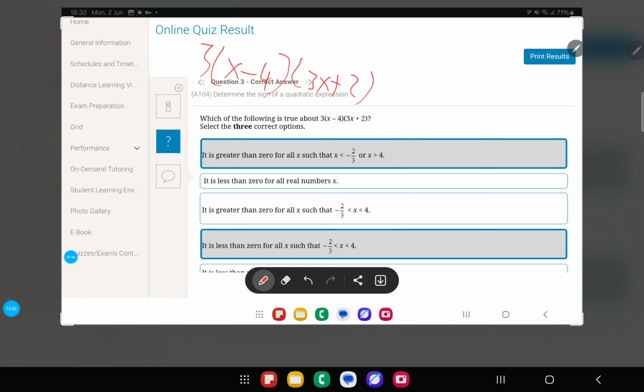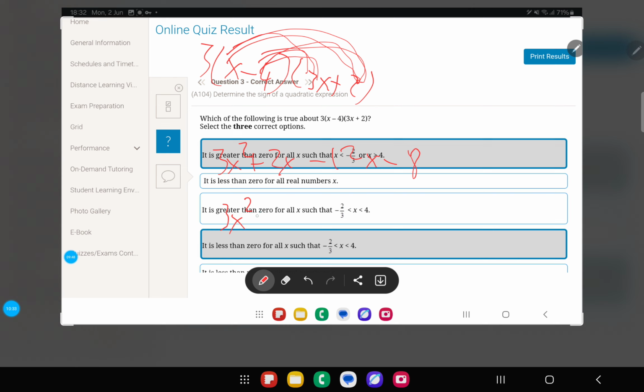You're going to multiply x times 3x, so you're going to have 3x squared, plus x times 2 is 2x. Minus, now we're going to move to negative 4. Negative 4 times 3x is going to be negative 12x. Now negative 4 times 2 is going to be negative 8.